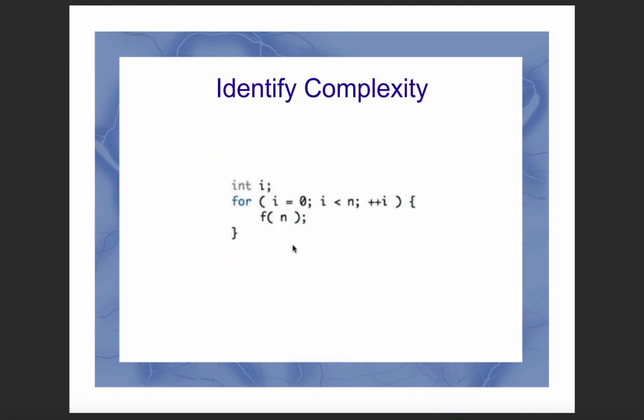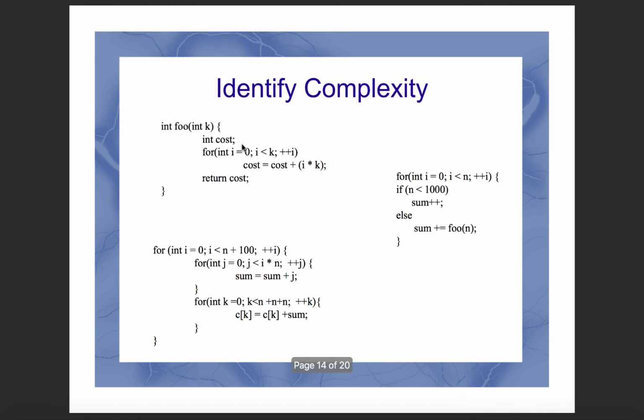Now, in this program there is one for loop that runs n times, but it also calls the f of n function, and we don't know the complexity of f of n, because f of n is not defined over here. So the complexity of the whole program is undefined.